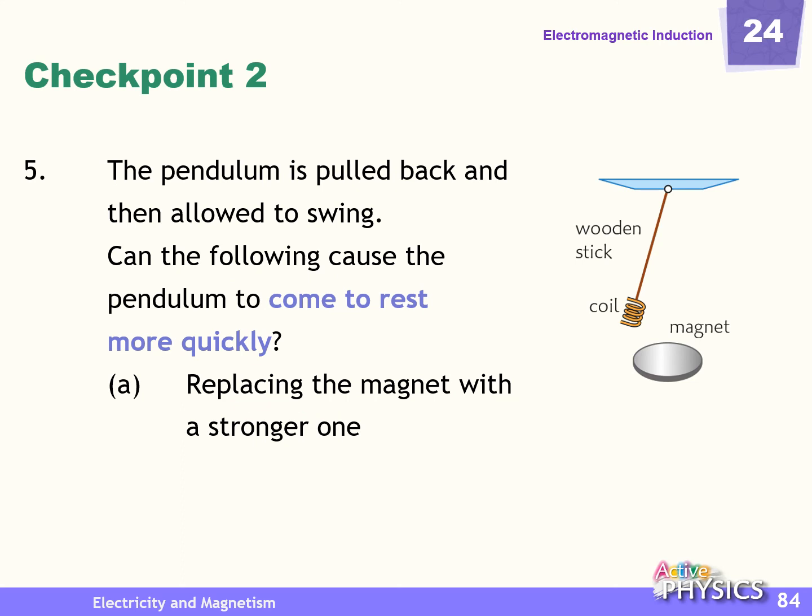So the pendulum is pulled back and then allowed to swing. In the following case, will the pendulum come to rest more quickly? Replacing the magnet with a stronger one.